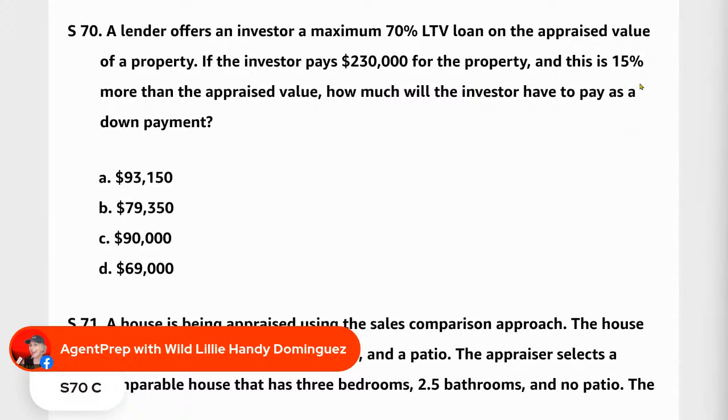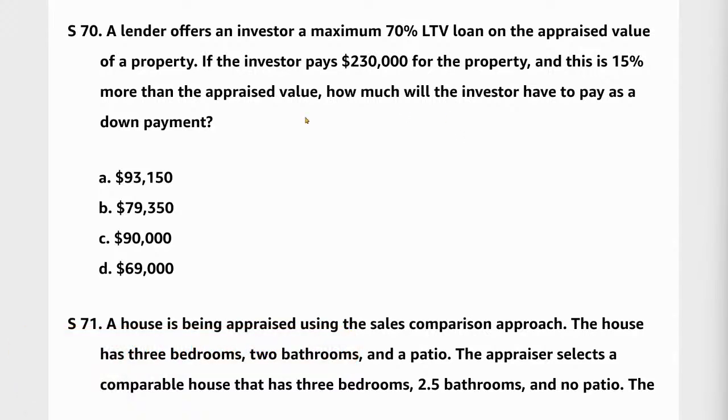He's paying 230, which is 15% over the appraised value. So 230 divided by 115%, 1.15, gives us 200,000. That is the whole, the appraised value. From the appraised value, the lender is loaning 70%, so the loan amount is 140. 140 from 230 is 90,000.